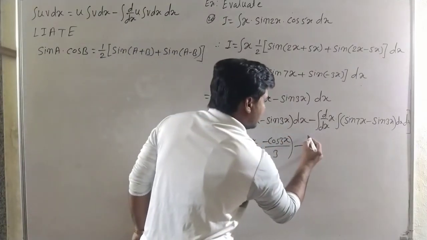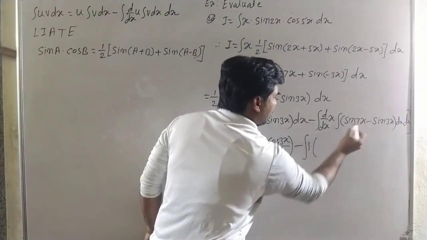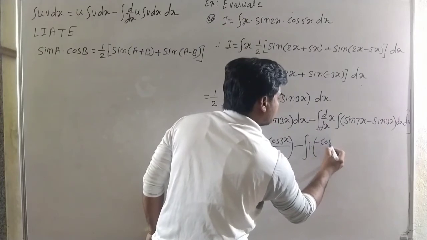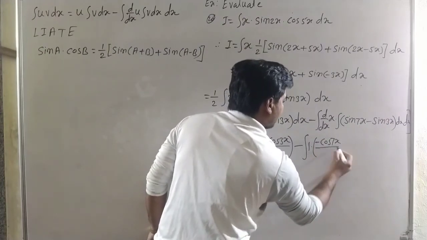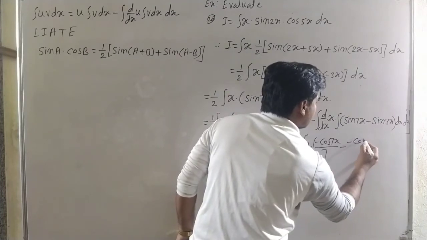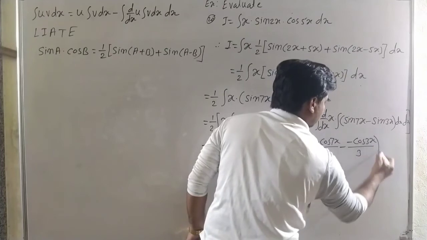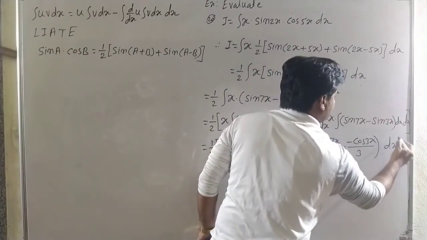Now the integral, it is 1 into, again the same integral of sin 7x, which is minus cos 7x upon 7, minus cos 3x upon 3 and dx.